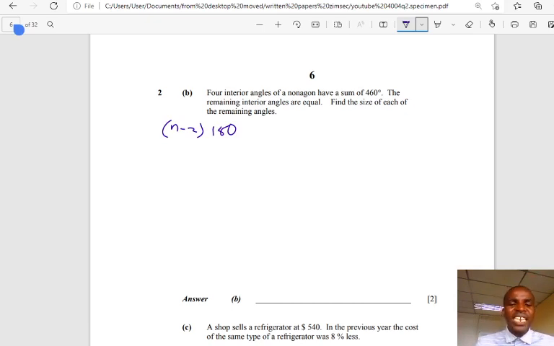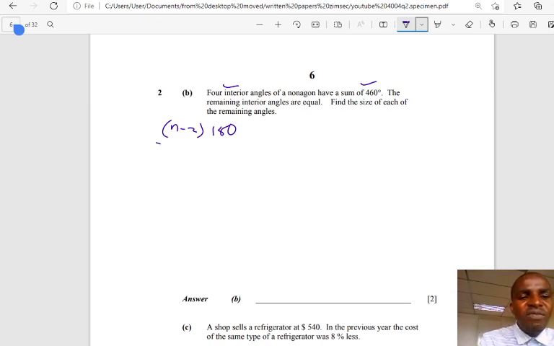A nonagon has 9 sides, which means n will be 9. Then you find the size of the interior angles of this nonagon. You are given that 4 interior angles of the nonagon have a sum of this one. Then the remaining will be 9 minus 4, which is 5. So the remaining 5 angles are equal. So find the size of each of the remaining angles.